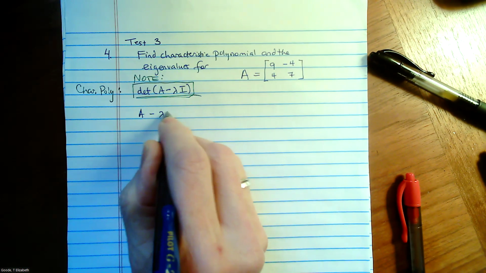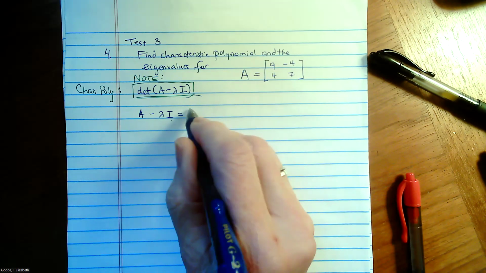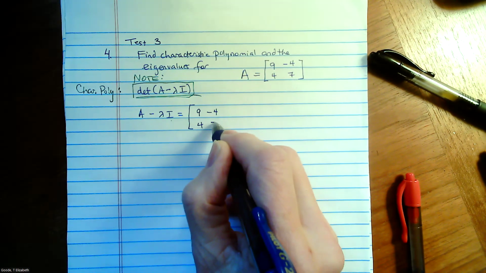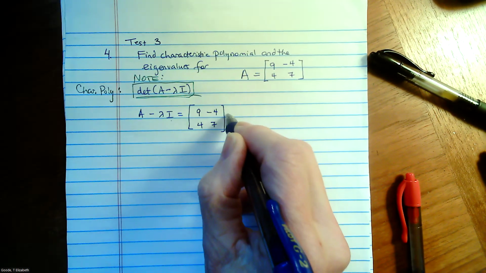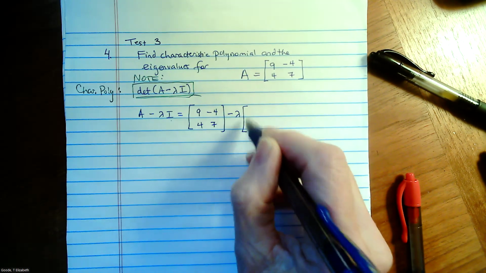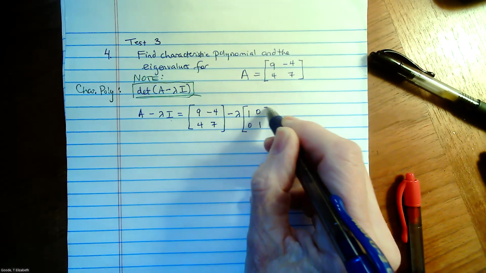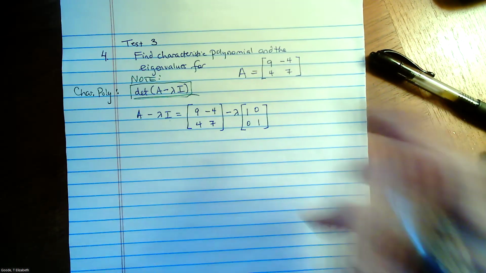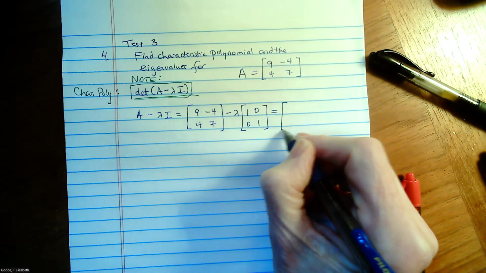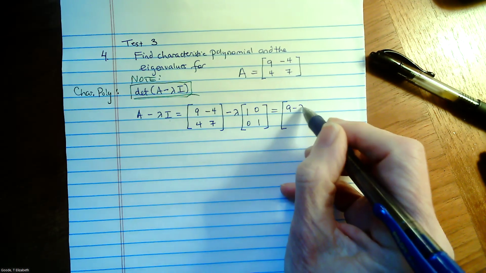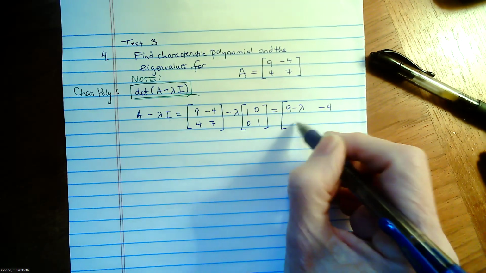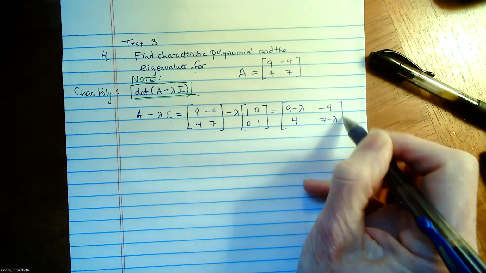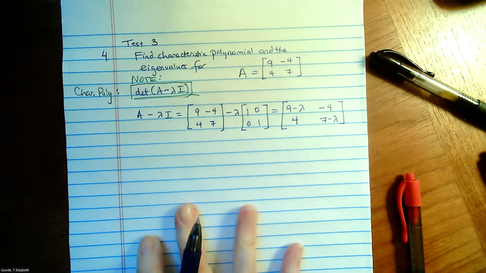A minus lambda I. So A is a 2 by 2, so the lambda gets multiplied by the 2 by 2 identity matrix, because we can only subtract a 2 by 2 from a 2 by 2, right? So it's 9 minus lambda, minus 4, 4, and 7 minus lambda. Do you understand how that just happened? Yeah.